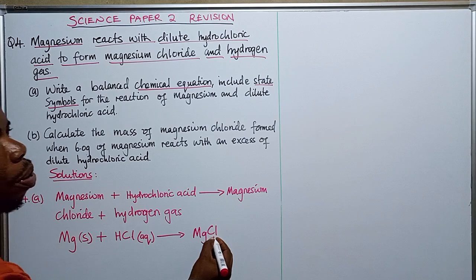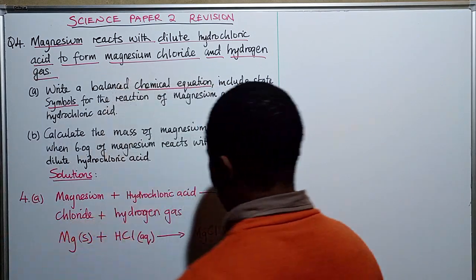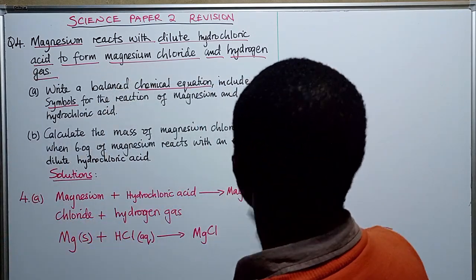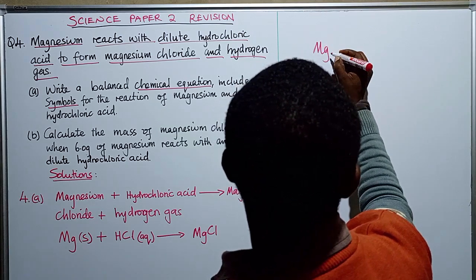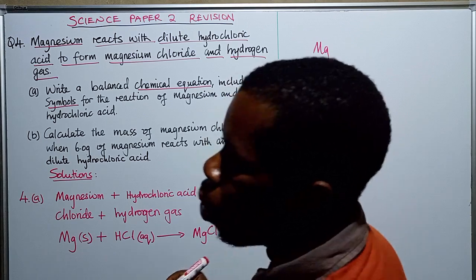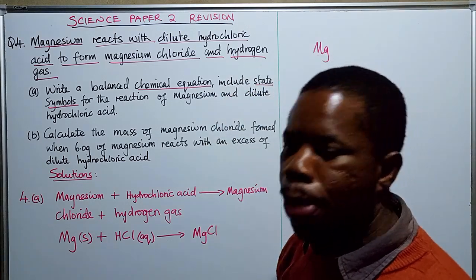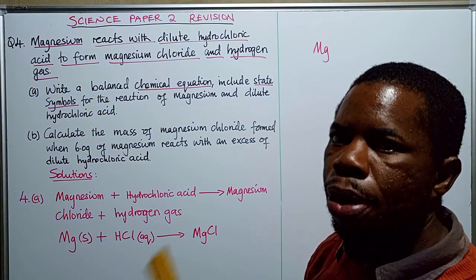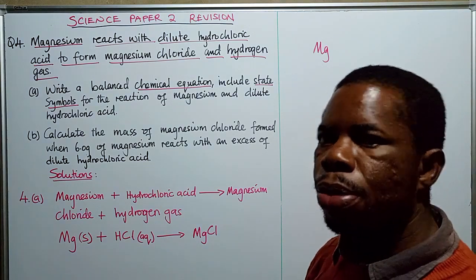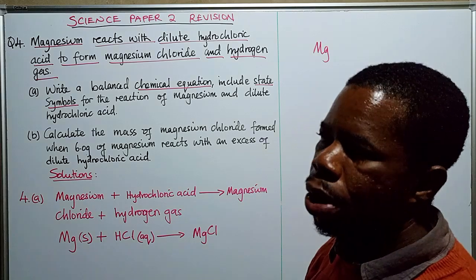Now this is not all. You need to derive the chemical formula for magnesium chloride. So you need to know the valence of magnesium. The valence is the number of electrons that an atom loses or gains to become stable.